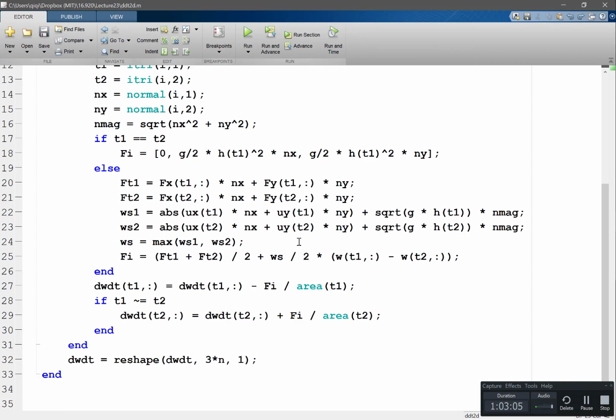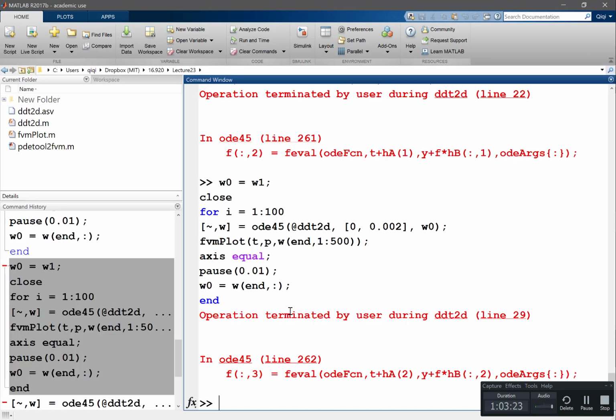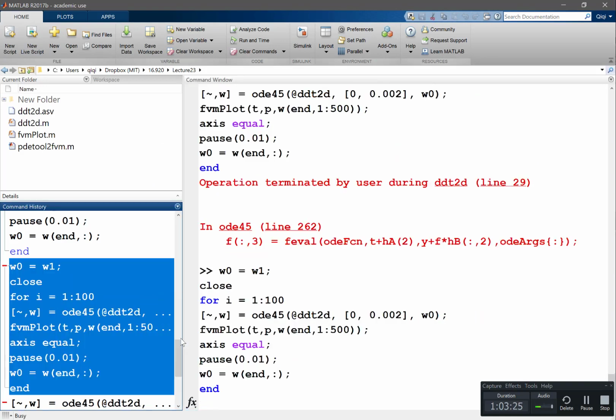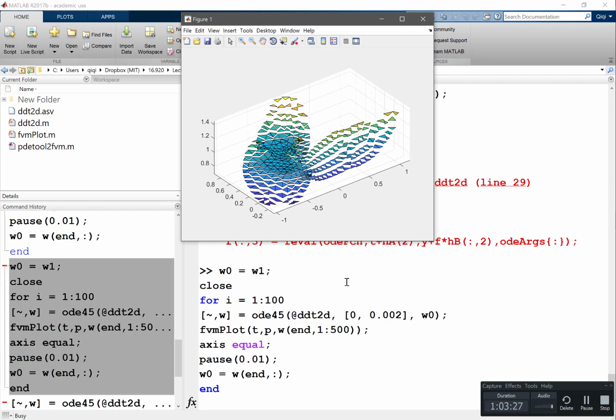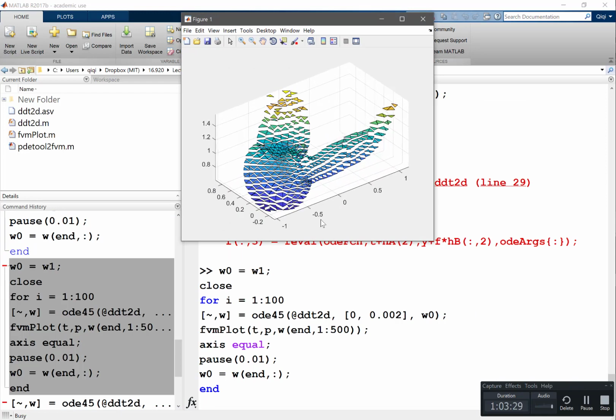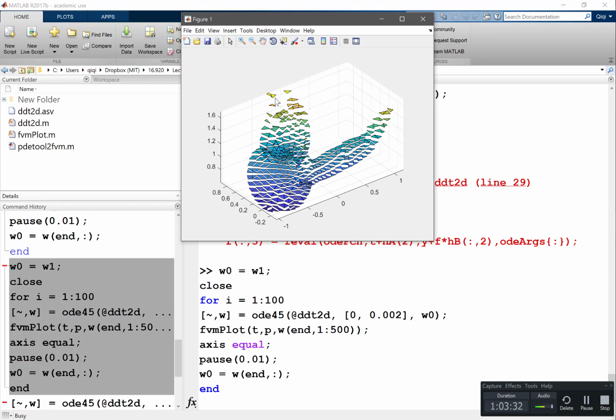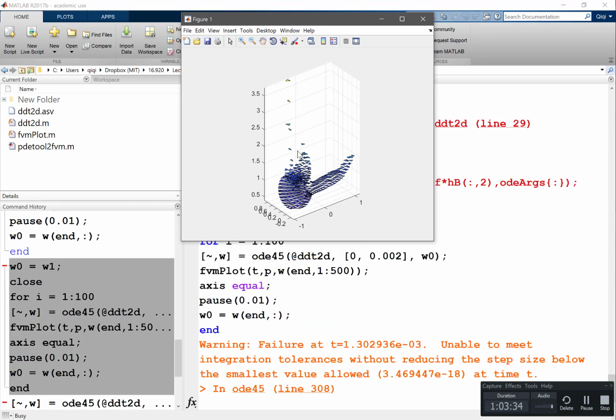It's just that somewhere the amount of numerical dissipation is not being added correctly. Or if you just increase it by like times 2. It's doing the same thing.